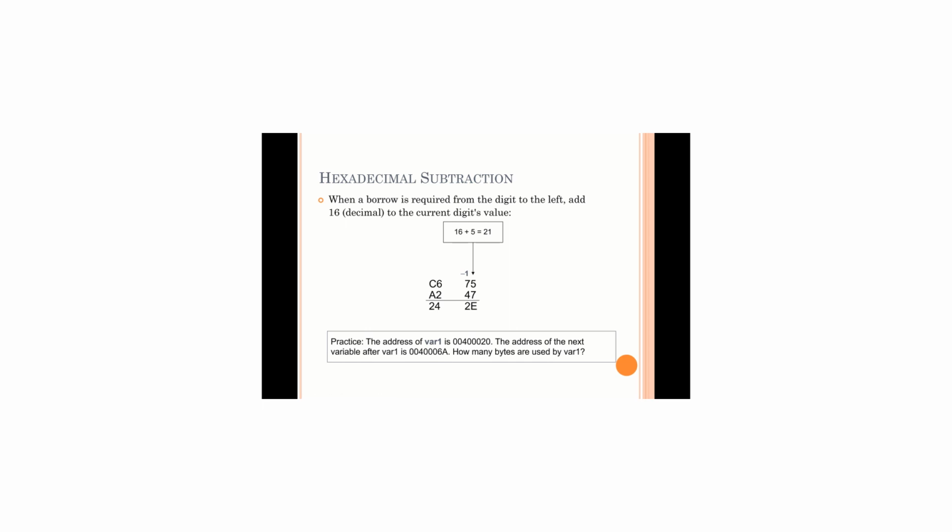Now, remember, when you do that, you end up with bits, right? But like I said earlier, the smallest unit of addressable memory location is a byte. So you need to subtract the first number from the second number and divide that by 8. And then you'll get the number of bytes used by variable 1.